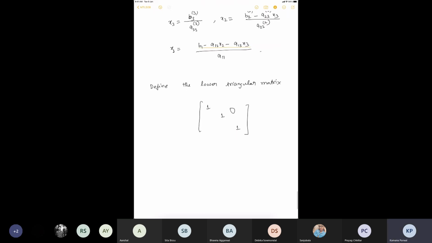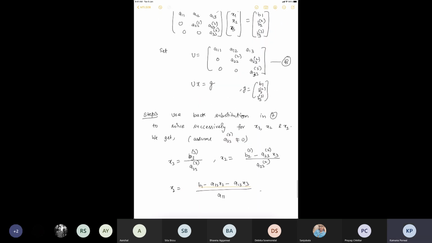The upper diagonal is 0. And the lower diagonal, I'm using the multiplier. So this is M21, M31, M32. There was a reason why I was naming them with these indices Mij. Okay, that I wanted to form this matrix. So let's call this L.